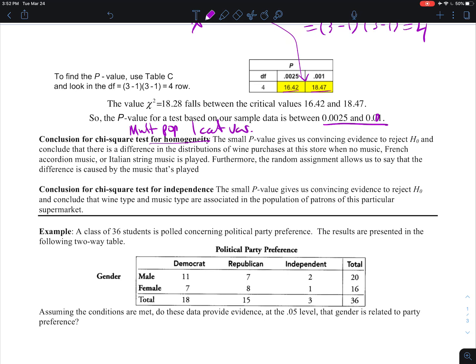Your conclusion would be that we have evidence to reject the null and say that there is a difference in the multiple distributions, considering the multiple populations for this one categorical variable, type of wine purchased, for the French group, the Italian group, and the no music group.